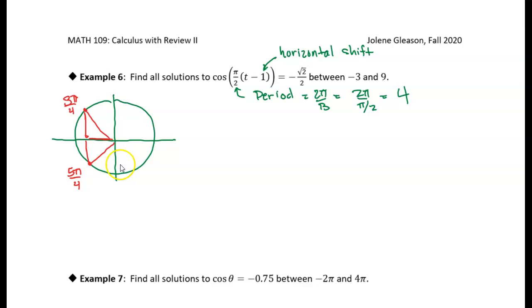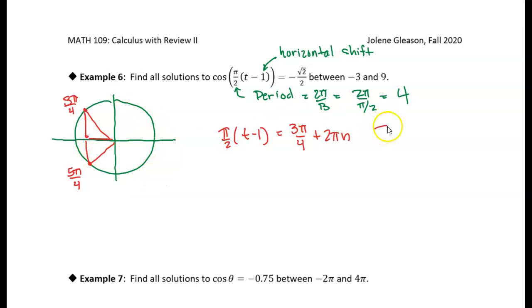So what we know then is that pi over 2 times t minus 1, that's our input to the cosine, has to be equal to 3 pi over 4 plus 2 pi n, because we'll get another solution every time we go around the circle.